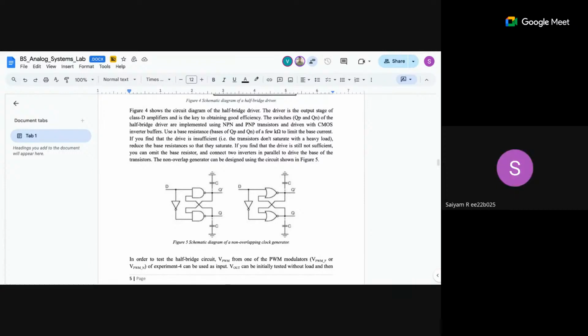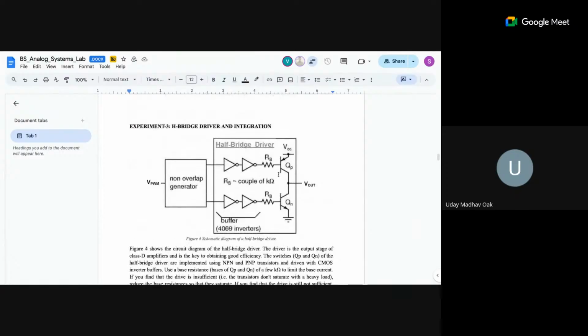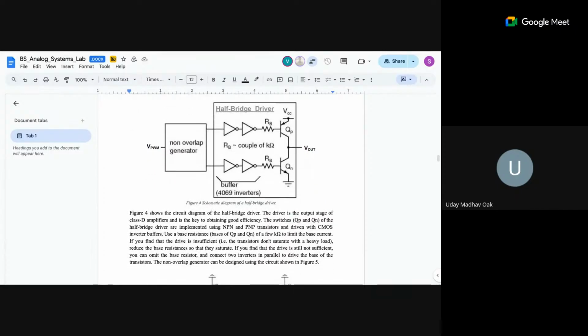Okay, understood. And one last query from my side regarding that half bridge. QP and QN, and as per the equivalent model of the speaker, it is an LR circuit, right? So there would be a lot of inductance also.